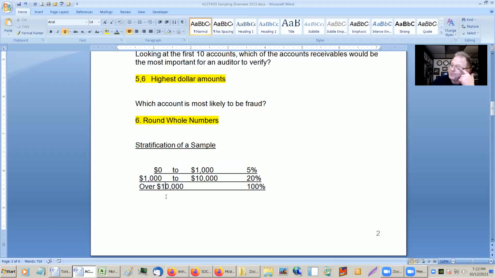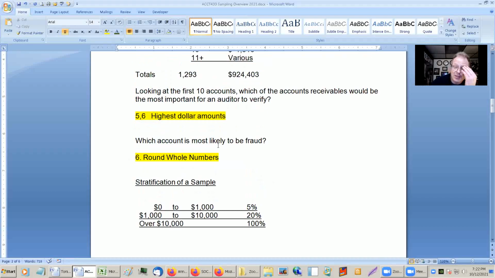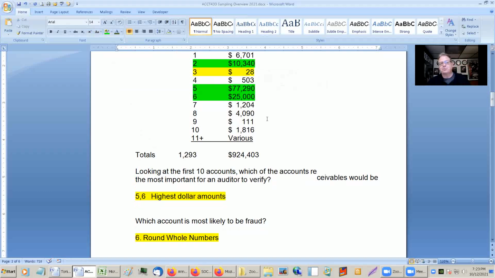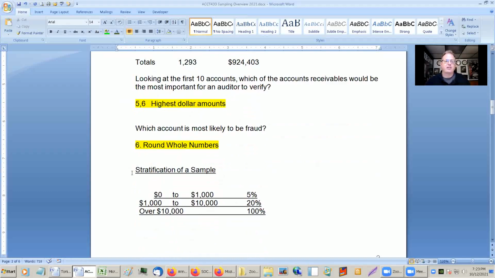Any question on that? Again, these two are the interesting ones. That's an interesting one. This one might be kind of interesting. It's not huge, but it's up there. So that's stratification of the sample.